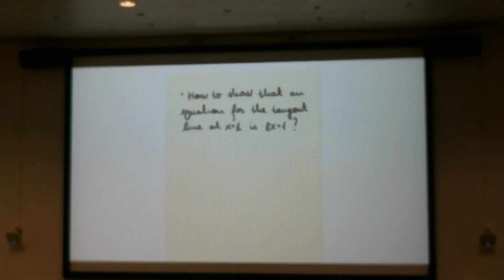Well, we need a formula that I'm going to give you. And the formula is this: y equals f at a specific point a, and I'm going to tell you what this a is, plus the derivative of that function evaluated at a, and then I multiply by x minus a, like this.